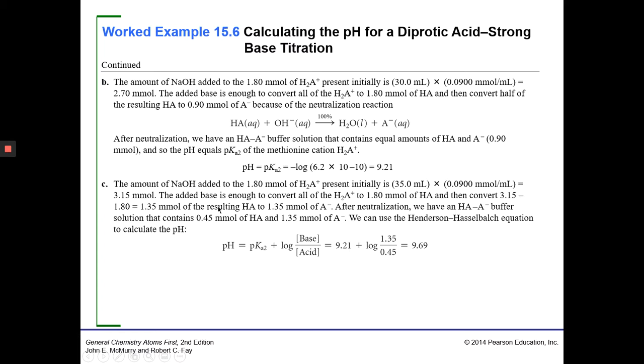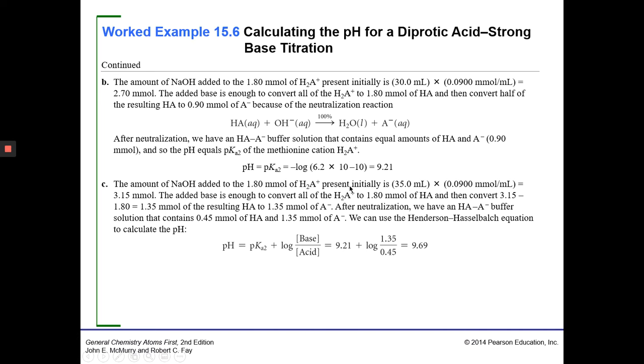For part C, the amount of sodium hydroxide added to the 1.8 millimoles of H2A present initially is 35 milliliters times 0.09 millimoles per milliliter. So that's 3.15 millimoles.